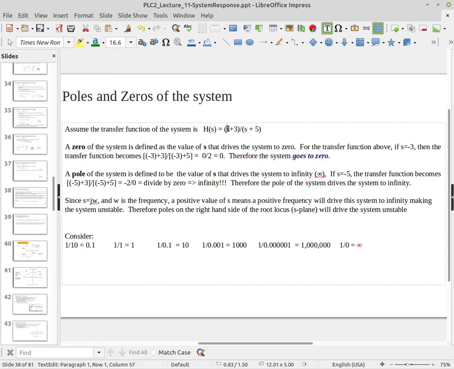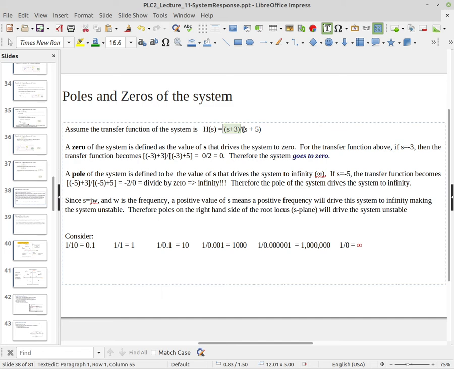So this right here, s plus 3 gives you a 0. This 0 would be a minus 3. And if you look at what makes this a 0, well, if you put s equals minus 3, then minus 3 plus 3 would give you a 0 in the numerator.